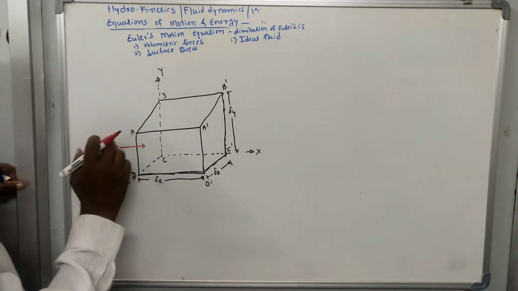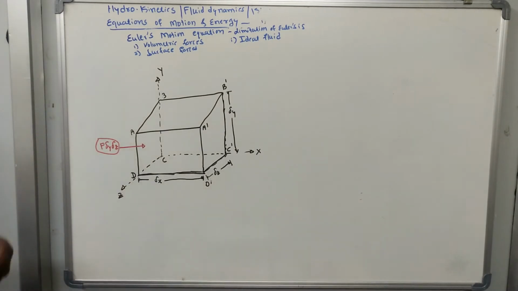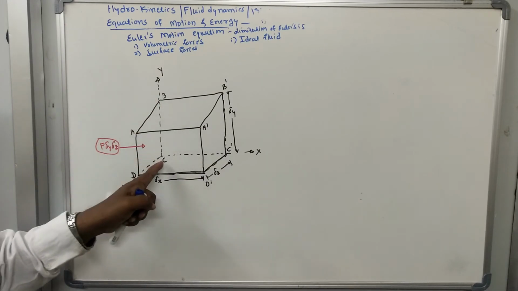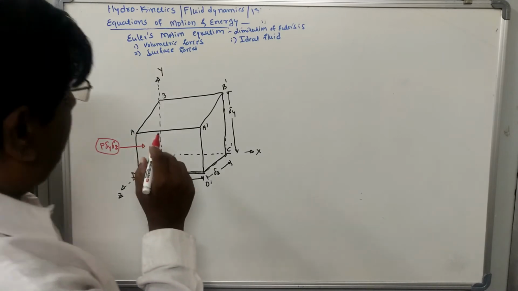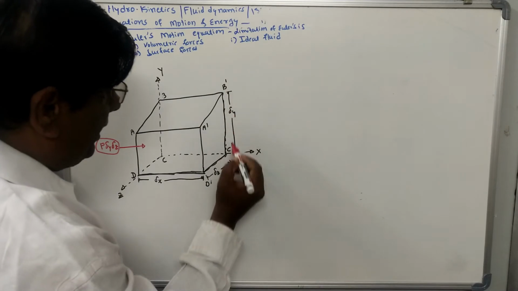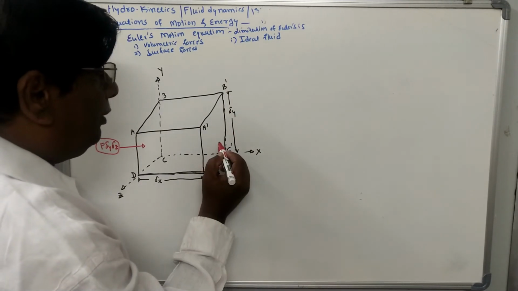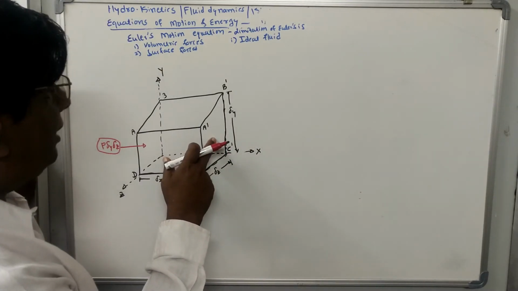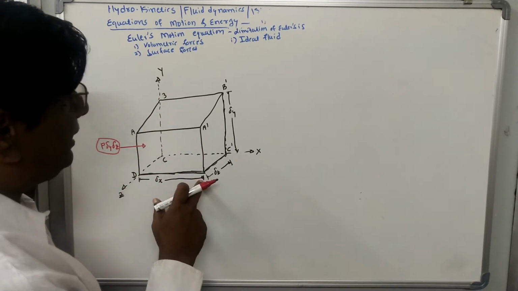This total quantity gives the pressure force acting on the plane ABCD. Now take another plane, A dash B dash C dash D dash. This plane also has its normal in the x direction, but it is away from the plane ABCD by the length delta x.